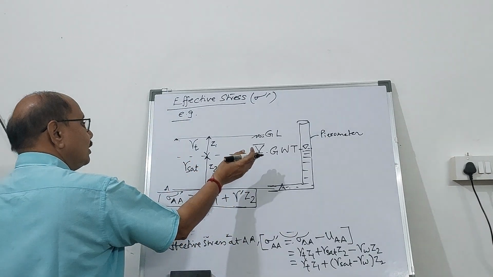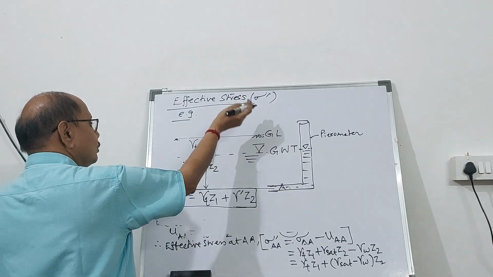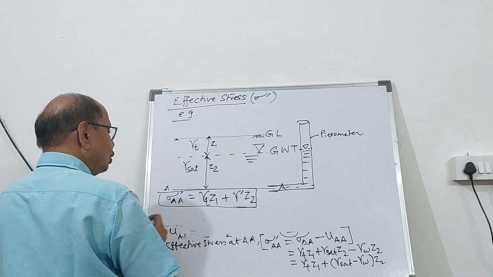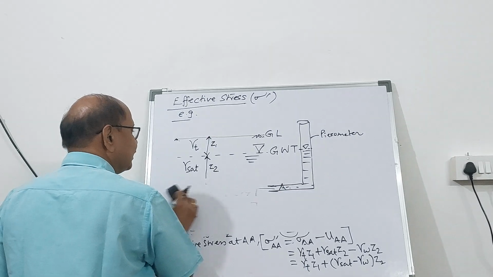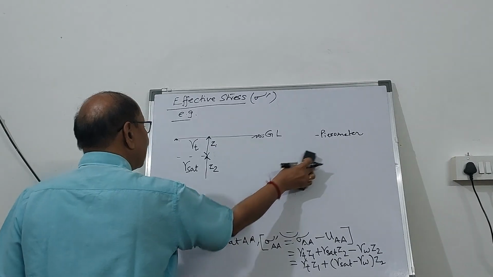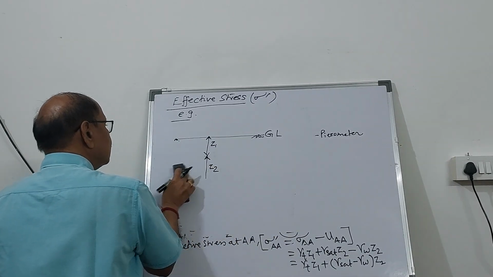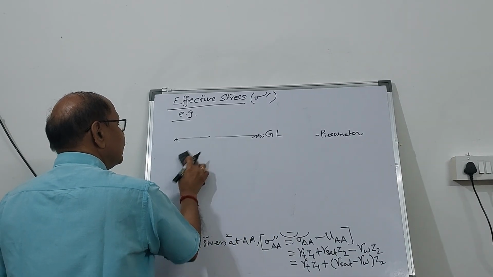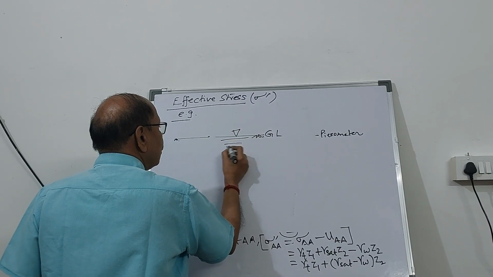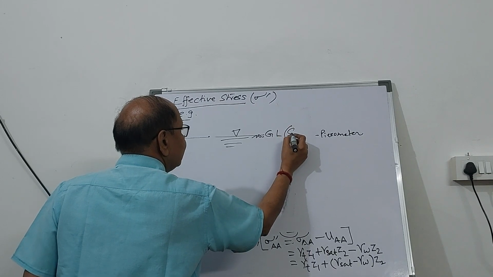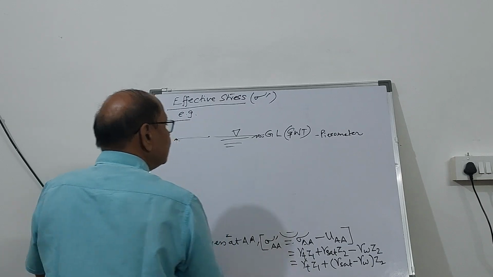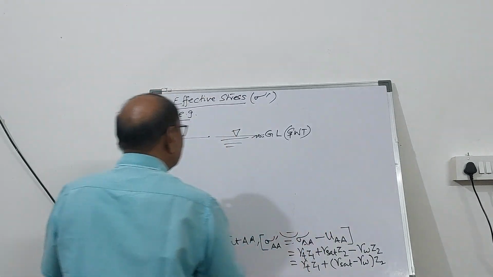Now let's say the water table during monsoon is going to touch the ground level. So I will take this condition now that the groundwater table is going to touch the ground level. So my groundwater table is now touching the ground level itself. So GWT, groundwater table, is going to touch the ground level.